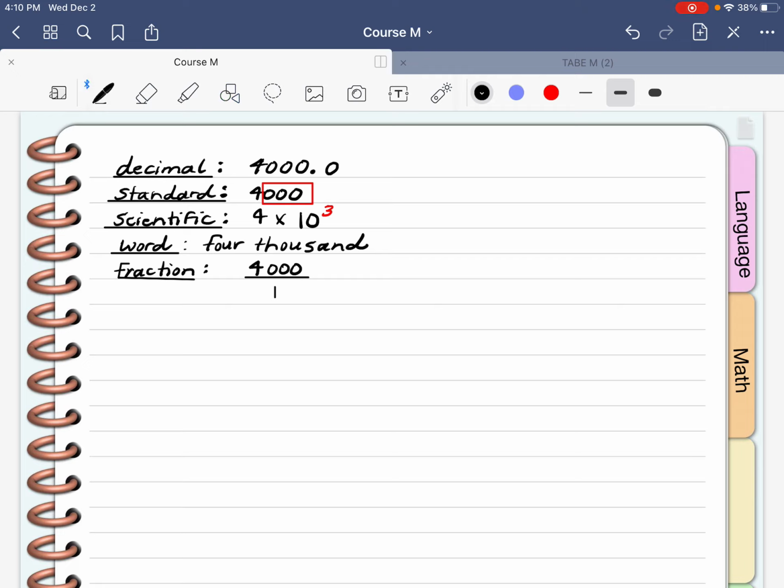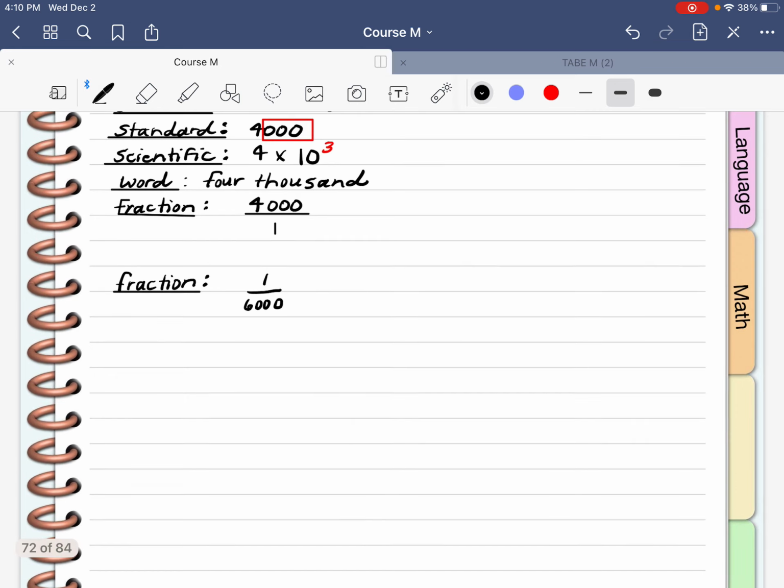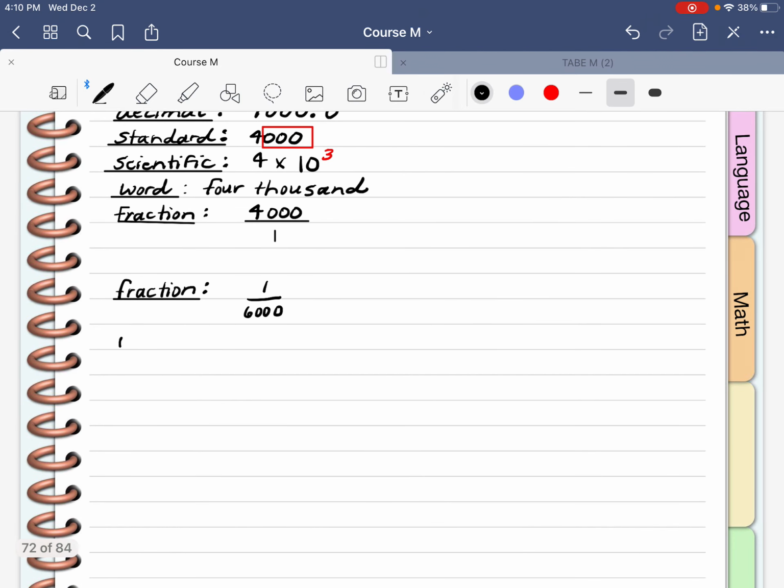Okay, let me give you fraction form, and let's see what we can do. I'm going to give you 1 over 6,000 as fraction form. So let's get word form. And actually, I want you to come back.